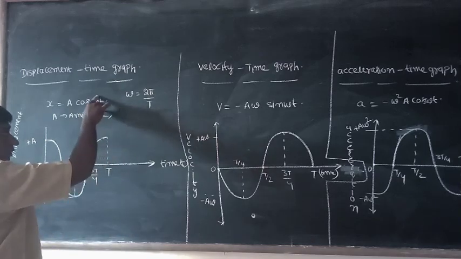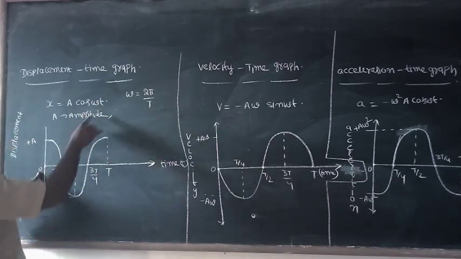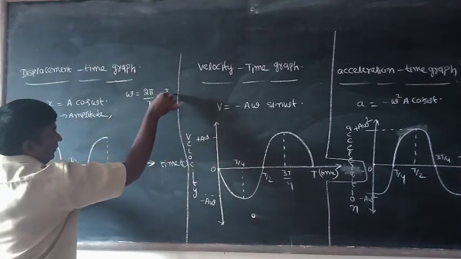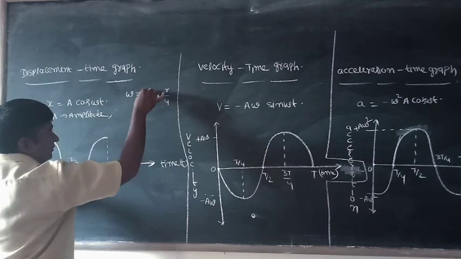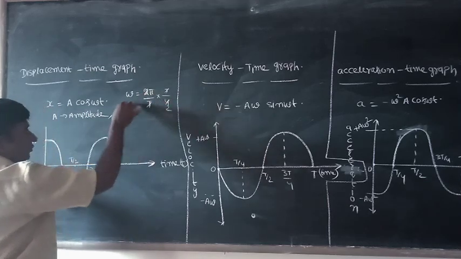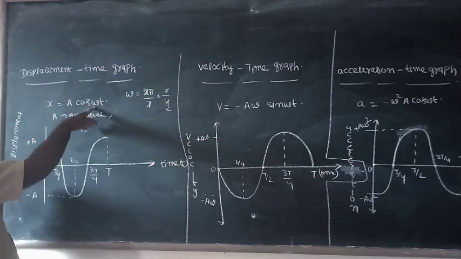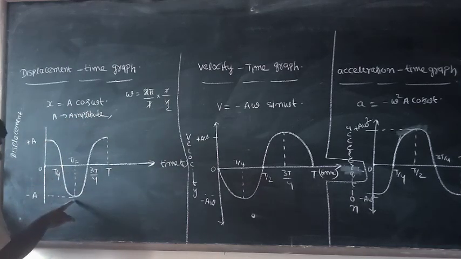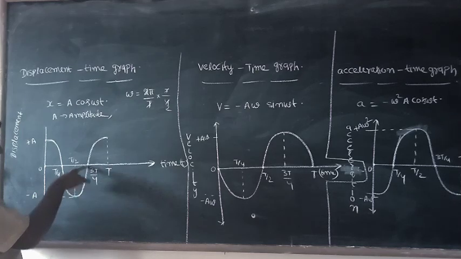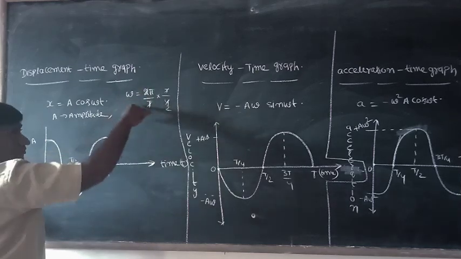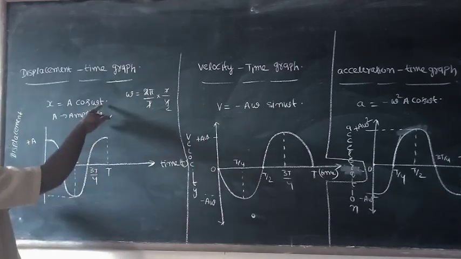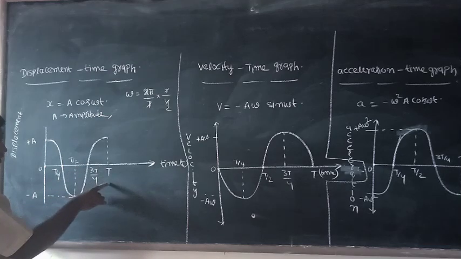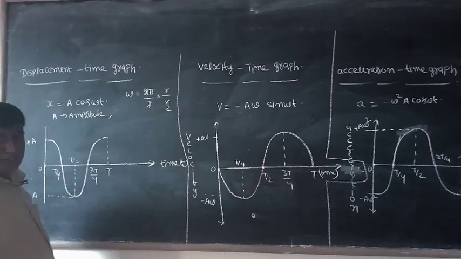If you substitute, for t equal to 0, it is 0. Next, for t by 4, t gets cancelled, 2 and 2 cancel, so pi by 2, which is 90. Cos 90 is 0. Then 180, then 270, then 360. So we should substitute t as 0, t by 4, t by 2, 3t by 4 and t in all these cases.